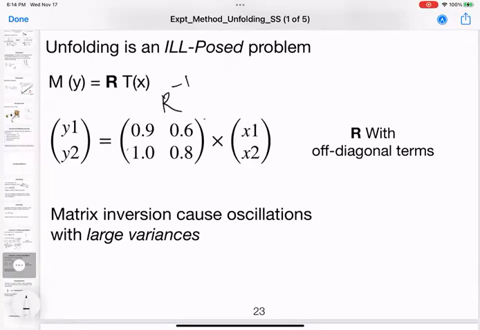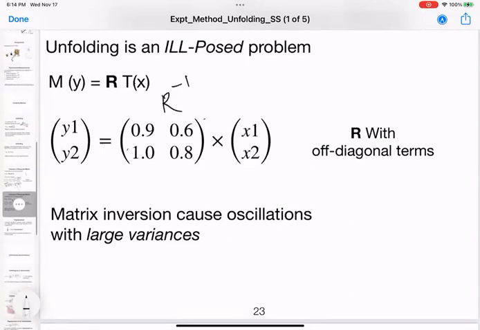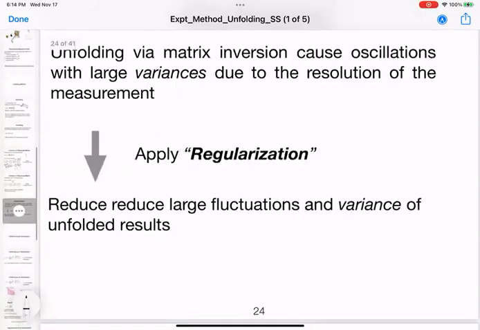You can do simple matrix inversions and check. Because of this problem, unfolding is called an ill-posed problem. There are ways to correct for this kind of problem, and this is known as regularization.